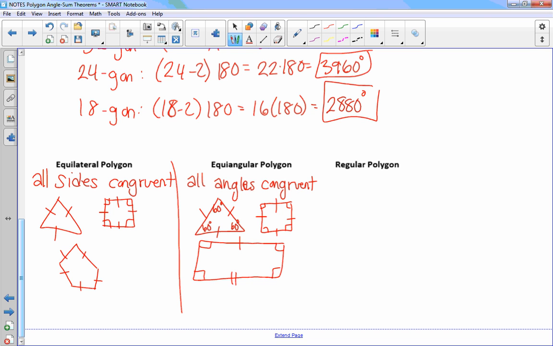No. Okay. So a regular polygon is both of those together. Regular polygons are equilateral and it has to be both equiangular.